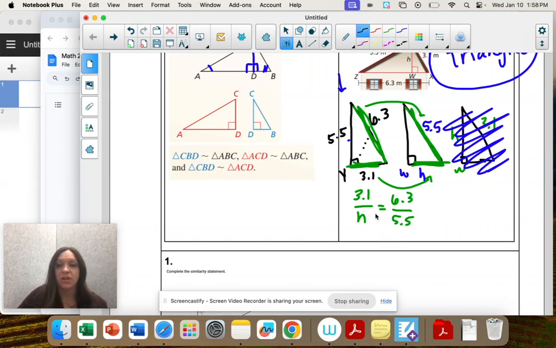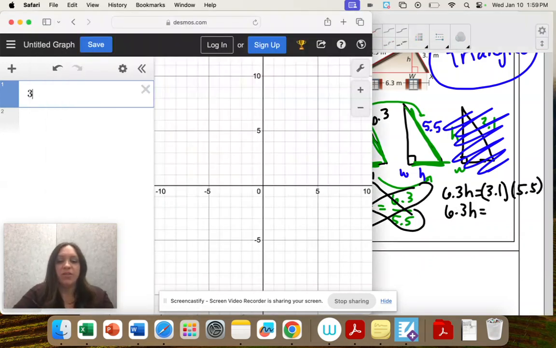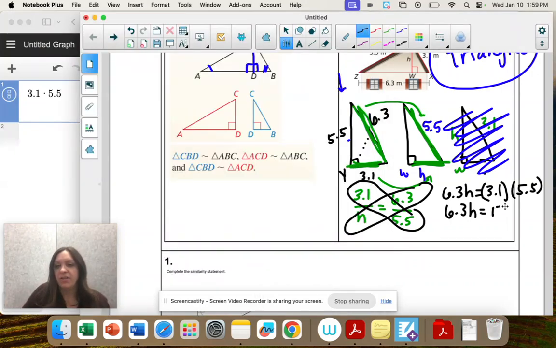Now you solve. So we cross multiply. 6.3 times H equals 3.1 times 5.5. So let's multiply those together, 3.1 times 5.5, and we get 17.05.